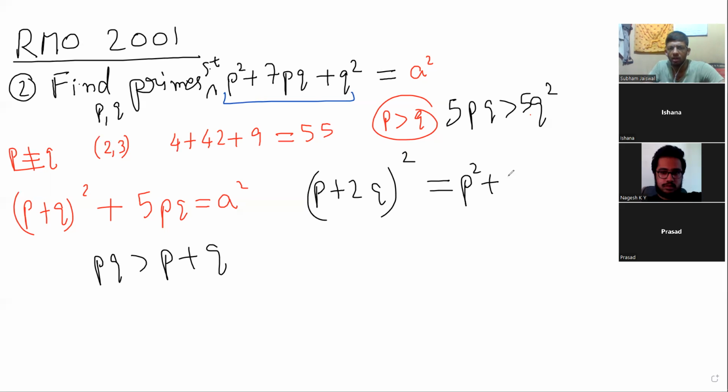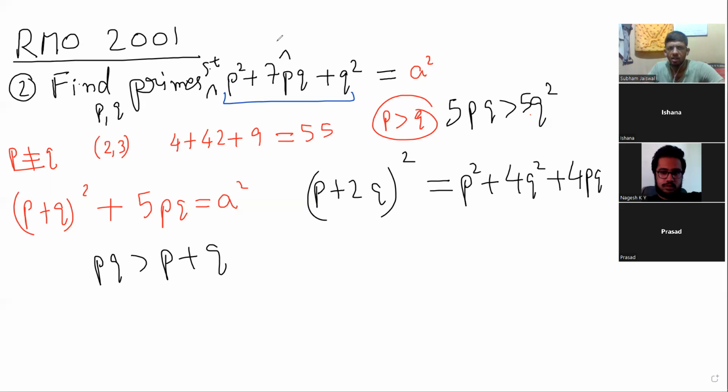And then if we look at this, then it is 4PQ. Right? So which one is bigger? P square plus 4PQ plus 4Q square, or this thing?